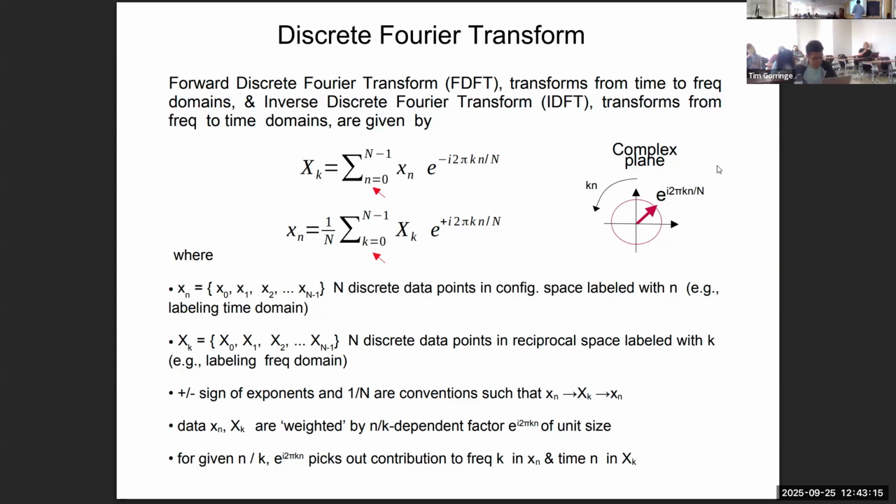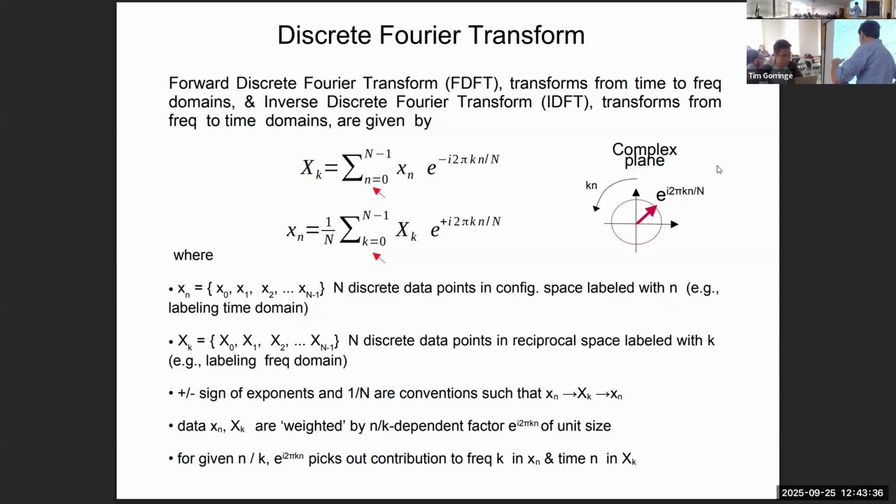The forward discrete Fourier analysis would take you from data in the time domain, time series data, to the corresponding data in the frequency domain.